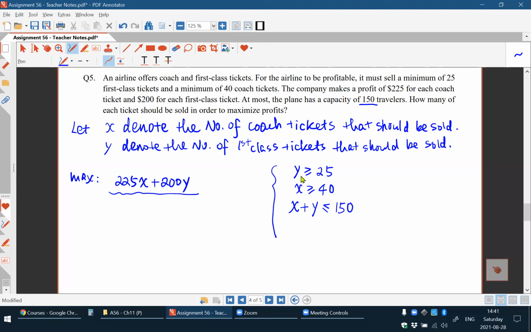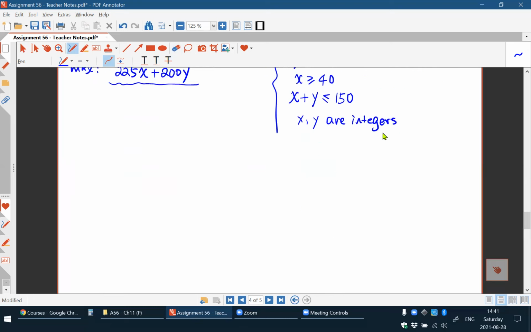And note that because X denotes the number of coach tickets and Y also denotes the number of first class tickets, both of X and Y should be integers, right? X, Y are integers. Okay, these are the constraints.